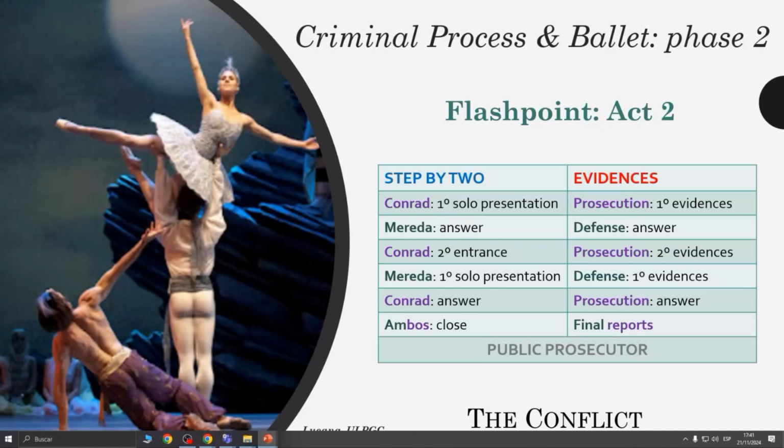First one, then another, then they dance together, then separate again. That depends on the ballet. And I think that it's exactly the same that happens in the trial, when we are trying to convince the judge of our position. So it's when we talk about the evidence practices in oral trials, it's more or less the same.